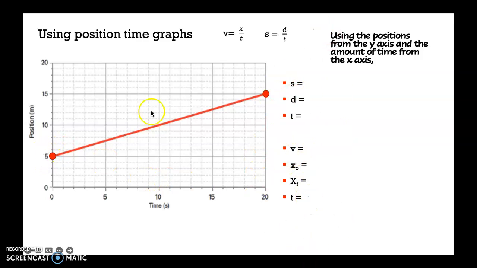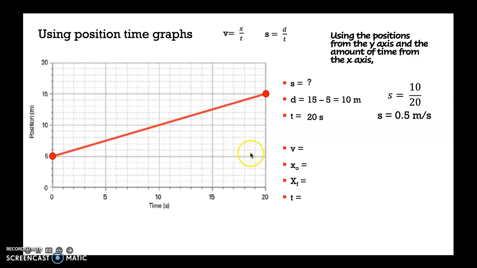So if I wanted to find the speed and velocity of an object that traveled this distance, for my speed, I would have to figure out my total distance, which would be 15 minus 5, because it started at 5, so it went a total of 10 meters in a forward direction over the course of 20 seconds. So then I would do 10 divided by 20, which gives me a speed of 0.5 meters per second.